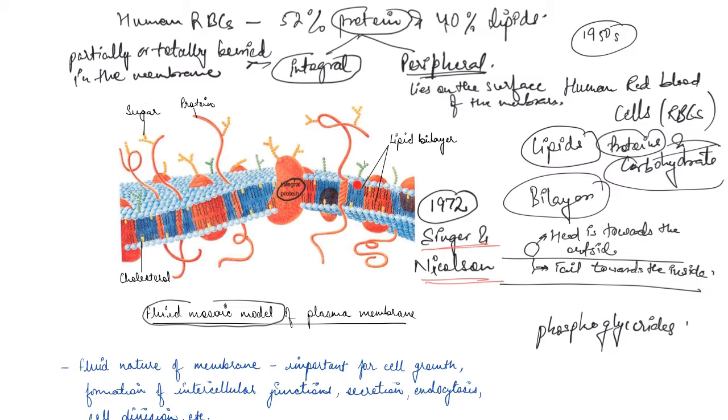These two layers with the head towards the outer side and the tail inside form one layer, and this is another, so you have a lipid bilayer, right? In between you also have deposition of cholesterol. So this is the fluid mosaic model.